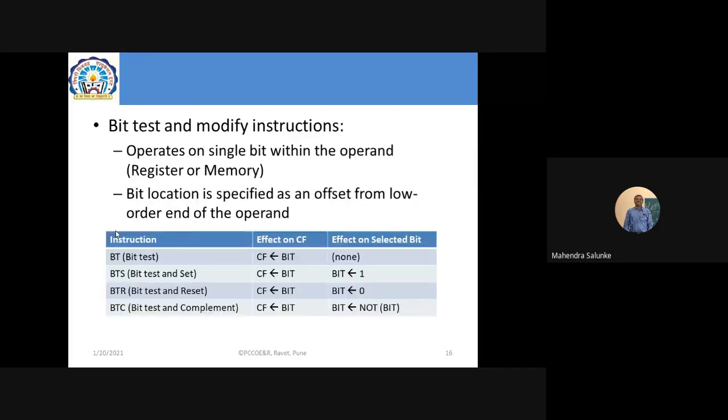Then this is one of the interesting instructions, the bit test and modify instruction. There are several situations where we need to check the condition of a bit in our operand.